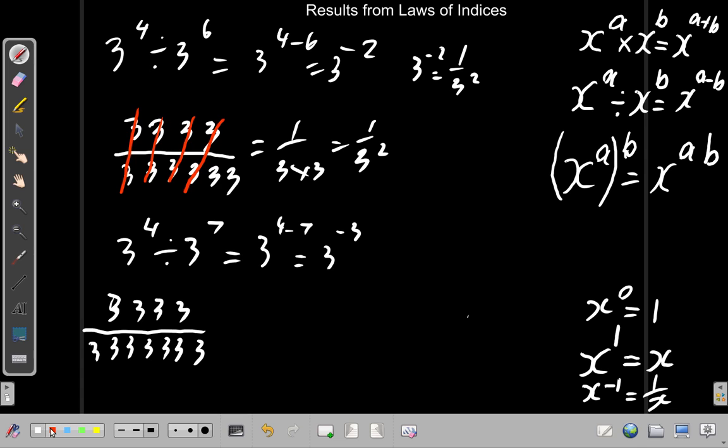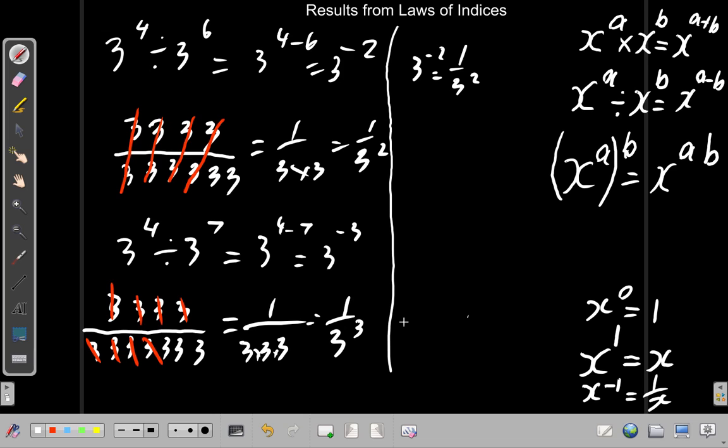And when you cancel down, 3 cancels 3, 3 cancels 3, 3 cancels 3, 3 cancels 3, what you have is 1 over 3 by 3 by 3, which is the same as 1 over 3 to the power of 3. So therefore, this is 3 to the negative 3, and you get 1 over 3 to the 3. Let me partition the board here. What I'm getting is 3 to the negative 3 is equal to 1 over 3 to the positive 3.